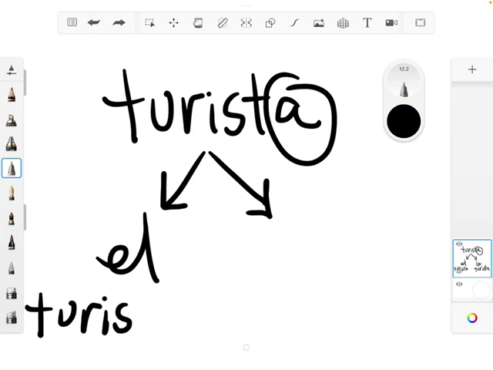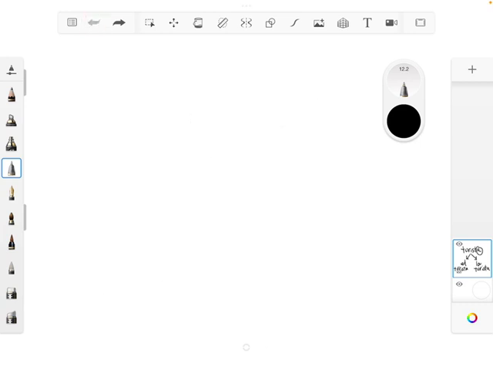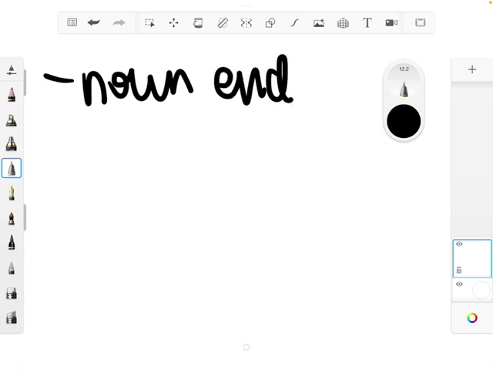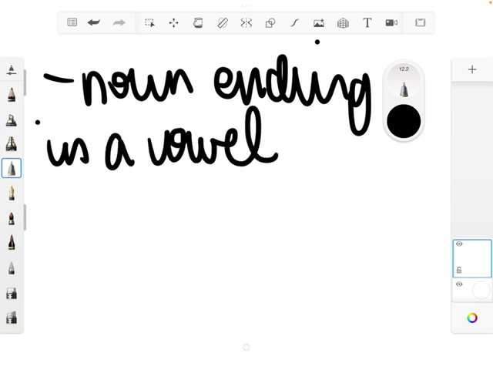All right. So then after we discuss the gender, we can talk about plurality. So, this is how you make a noun plural. A noun ending in a vowel, you form the plural by adding an S. Okay?